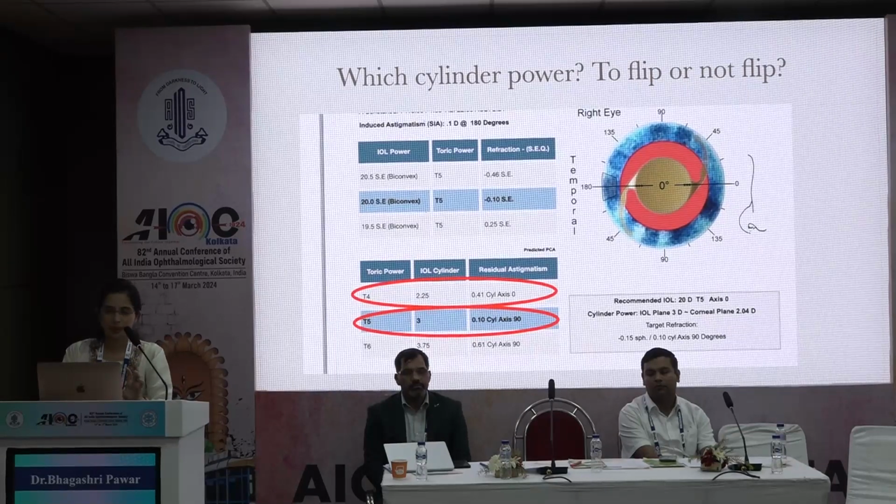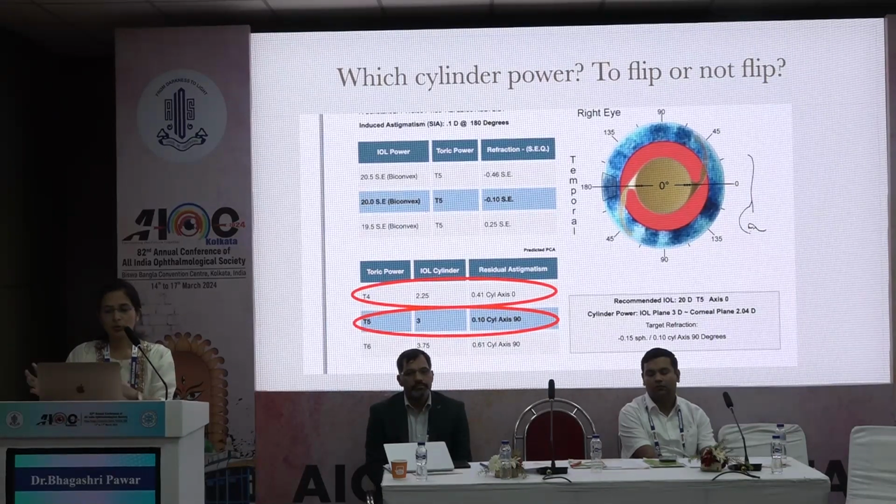And the final question is, which cylinder power should be chosen among the three suggestions given by the calculator? The original thought was that the original astigmatic axis of the patient should not be flipped. It should be kept after the surgery. This patient, for example, has a steep axis at 0, 180 degrees.